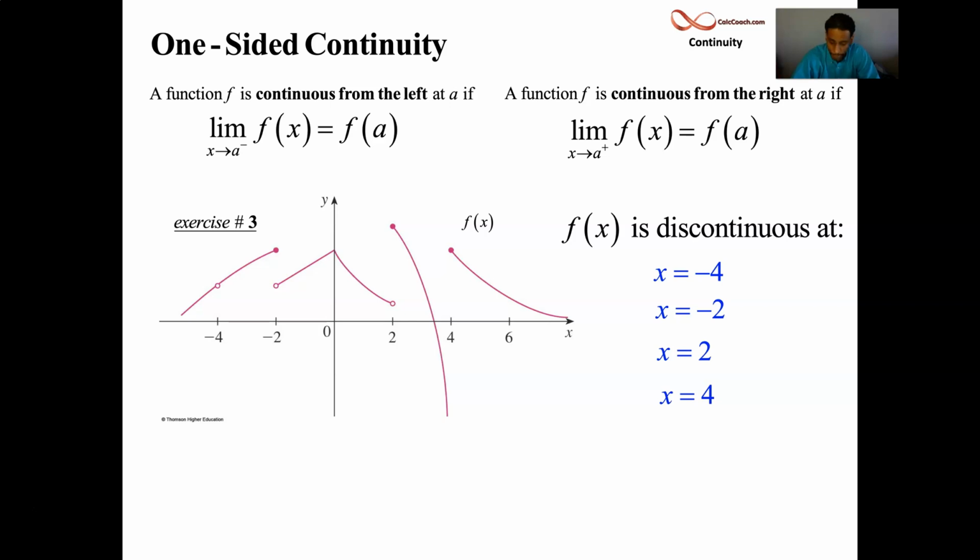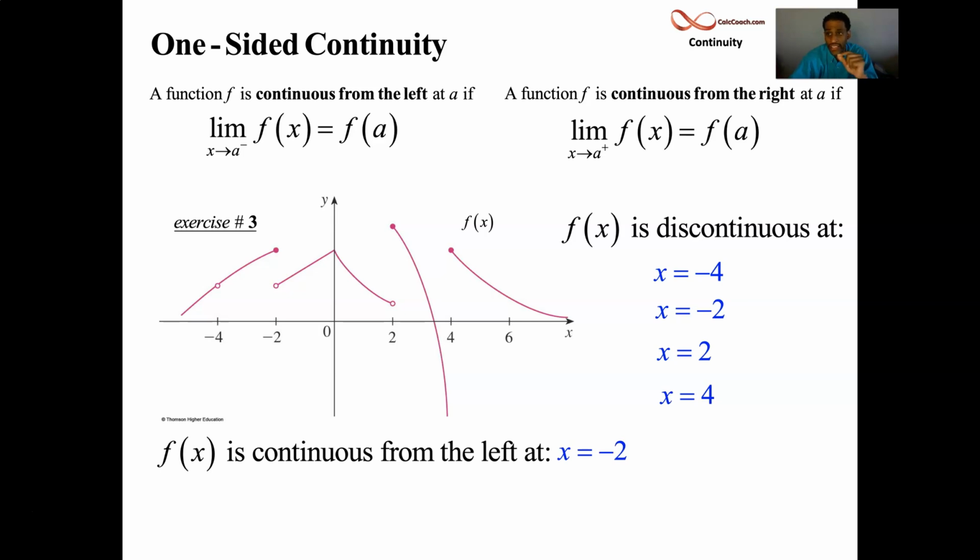At -2 though, from the left, you're headed to the function value. From the right, you're not. So at -2, you're able to recover one-sided continuity from the left. That's the only place on here where you have left-hand continuity at a discontinuity.